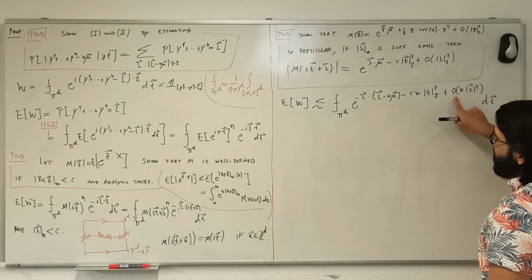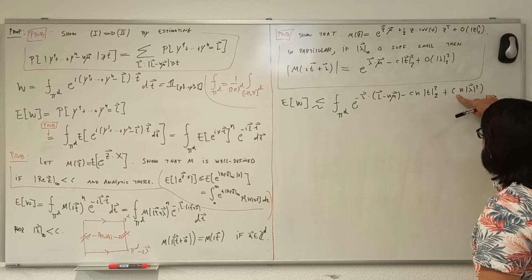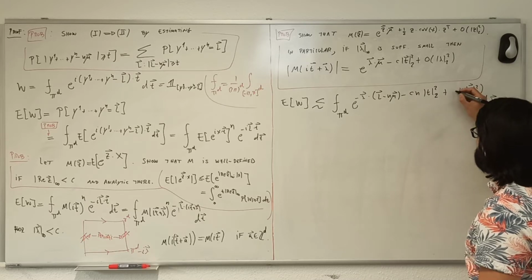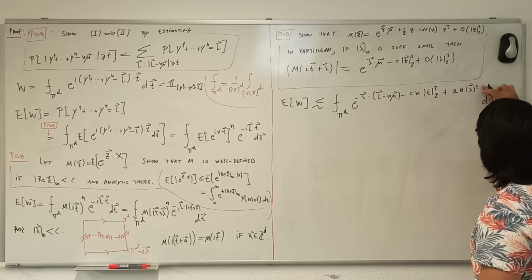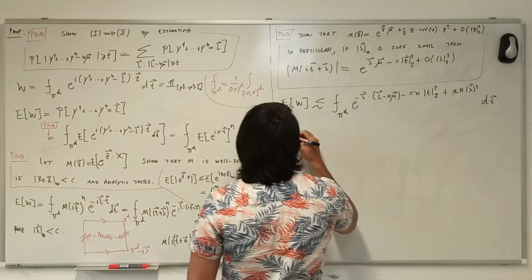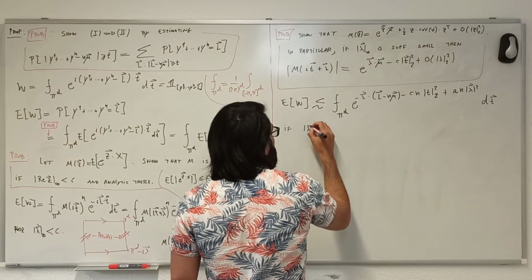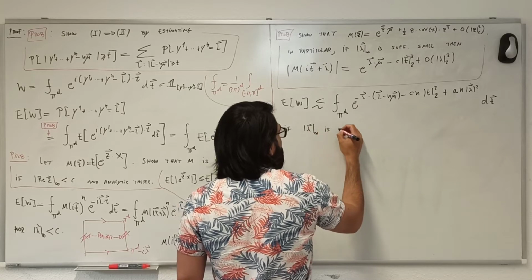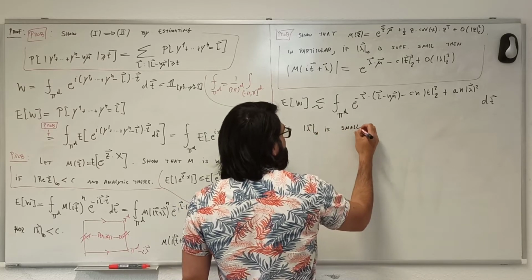And this O of n is just something about it. We'll just replace it by some constant a. Okay, so this holds whenever lambda is small.